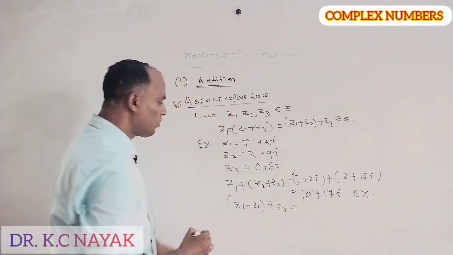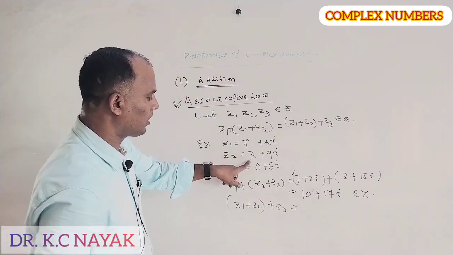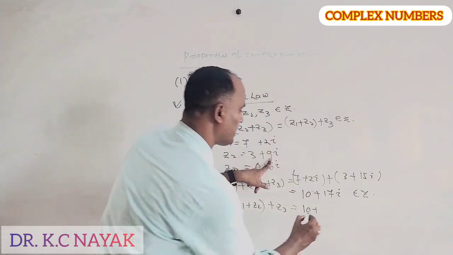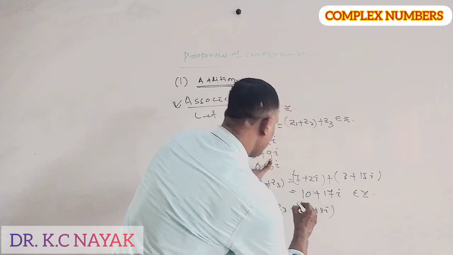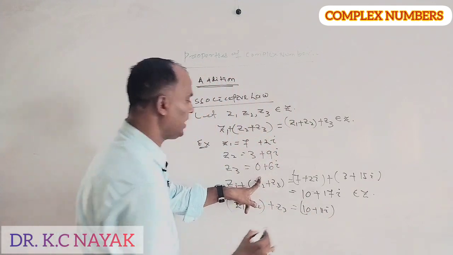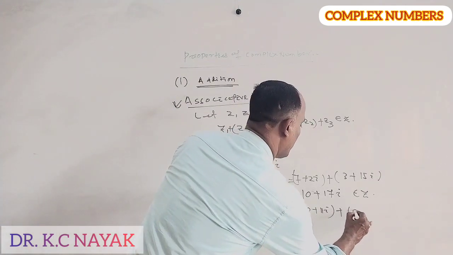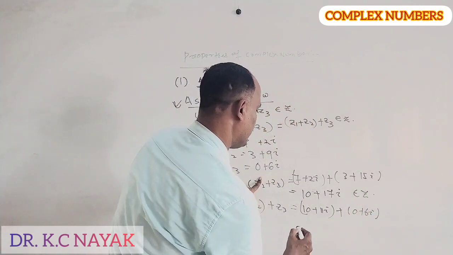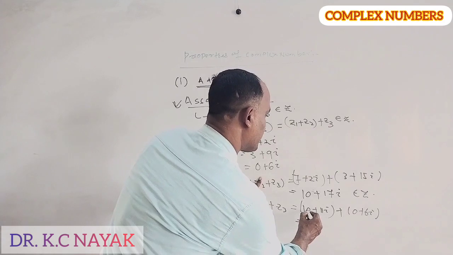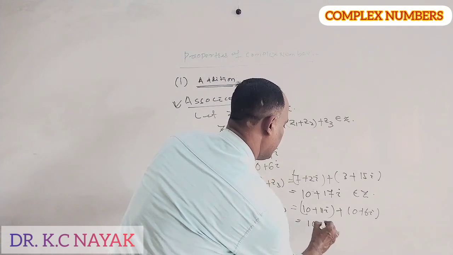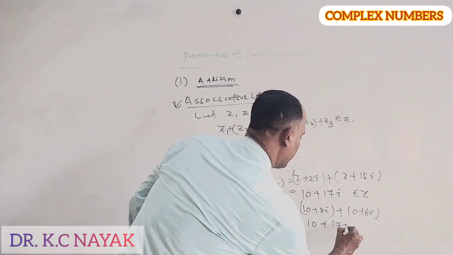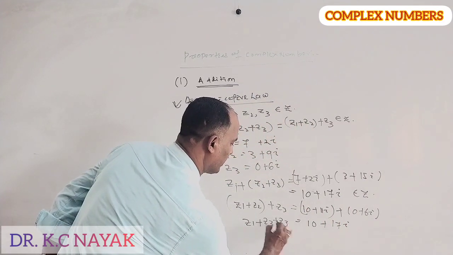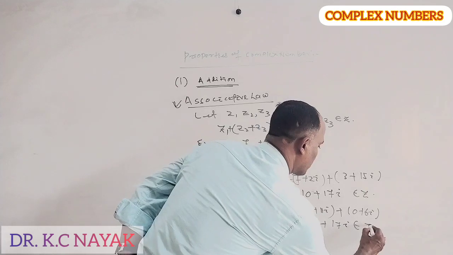Z1 plus Z2: 7 plus 3 is 10, and 2 plus 9 is 11i. Plus Z3, whose value is 0 plus 6i. That gives 10 plus 17i, which also belongs to Z.